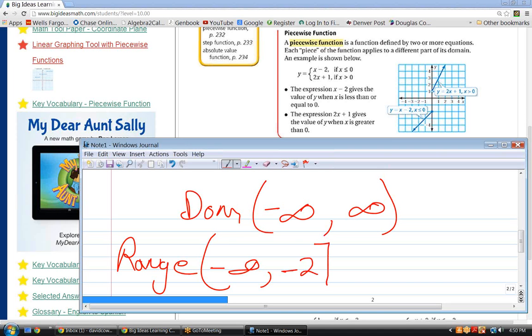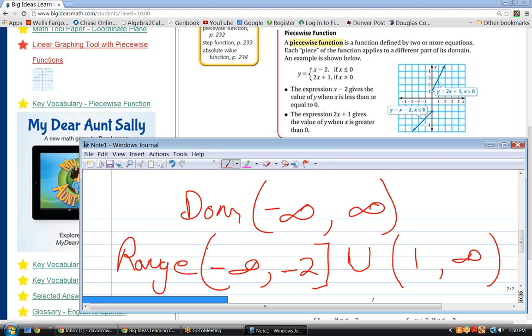With a bracket, because it can be negative 2. And then we're going to combine that, which is what that symbol means, with parentheses on this side. And what's this part going to say? If there's parentheses on that side, that'd be 1 to infinity, right? Yeah, exactly.